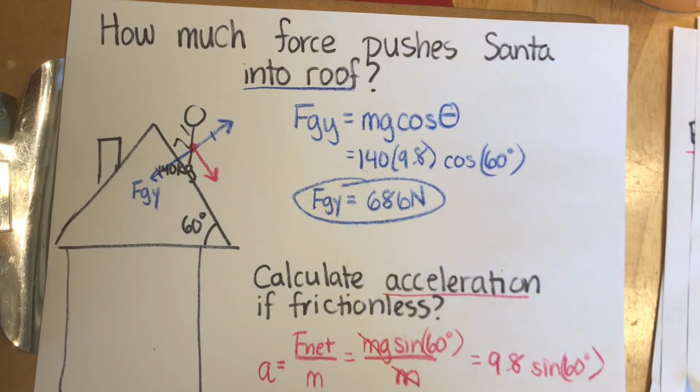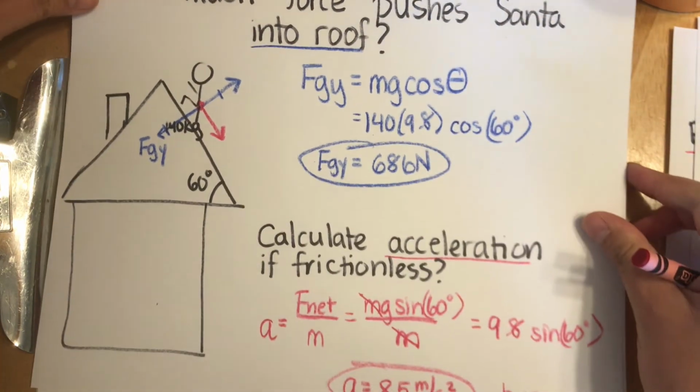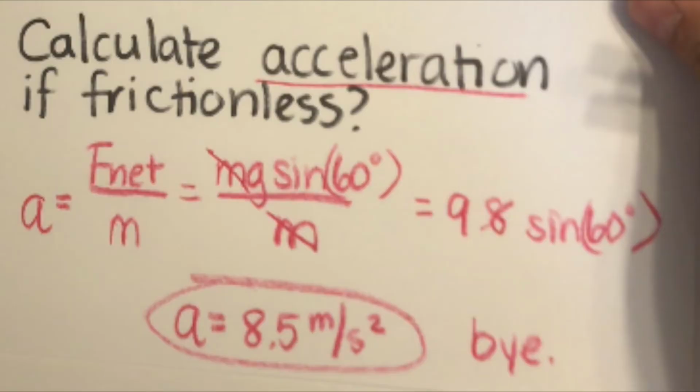Santa is going goodbye. He's going to be accelerating down that ramp at 8.5 meters per second squared. Because this is an icy, frictionless, frigid roof, he's accelerating almost at the same acceleration due to gravity. 8.5 meters per second squared is a very large acceleration.